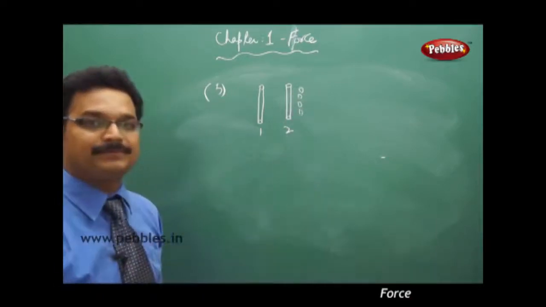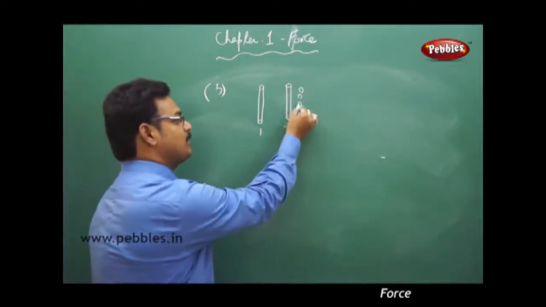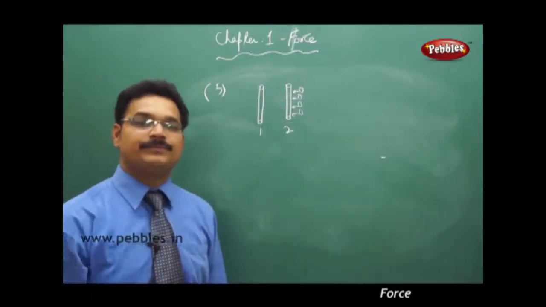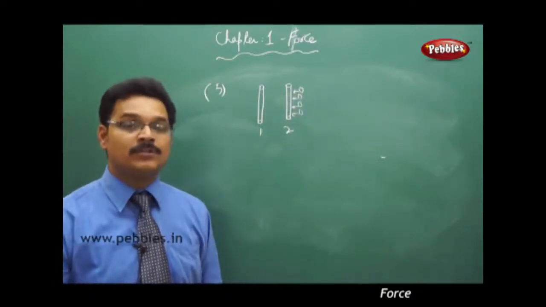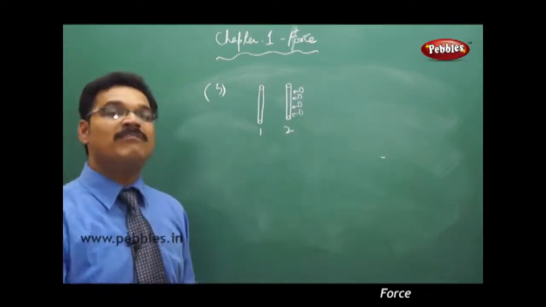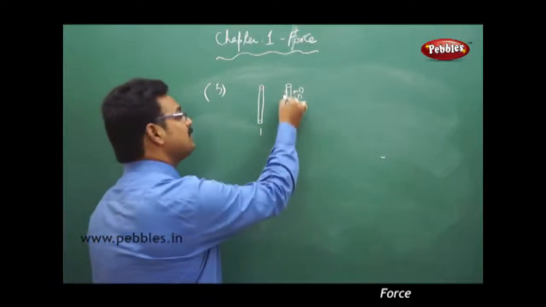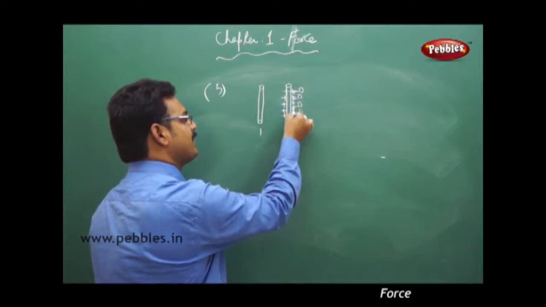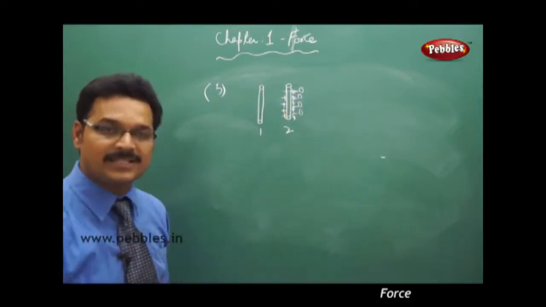What happens? The paper pieces are attracted towards the rubbed straw. Why? That is the question. As you know, it is only because of electrostatic force. When straw 2 is rubbed with the inflated balloon, it gets a positive charge. Because of the positive charge, it attracts the paper pieces towards it.